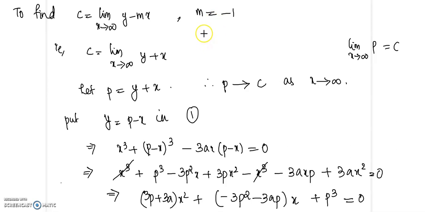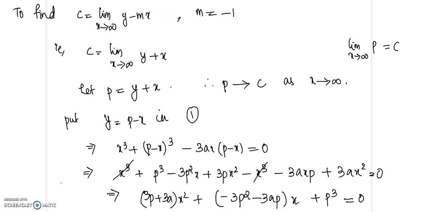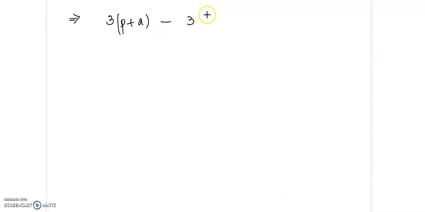Now divide throughout by x square. So this will give 3p plus a minus 3p square plus ap by x plus p cube by x square is equal to 0.